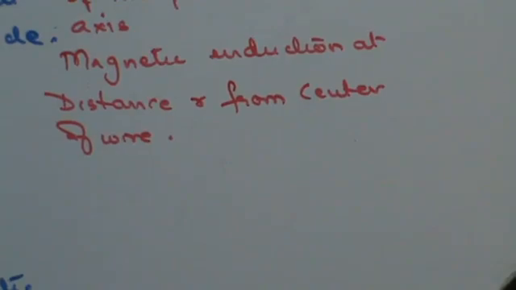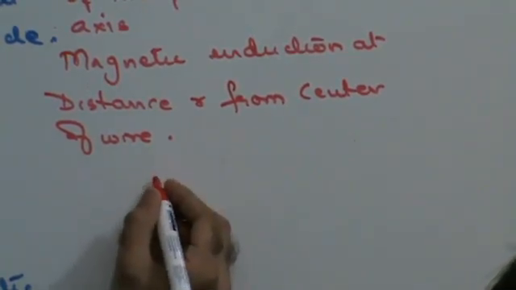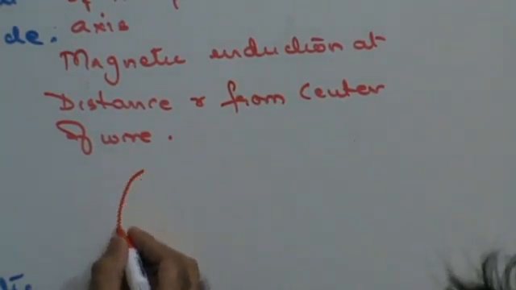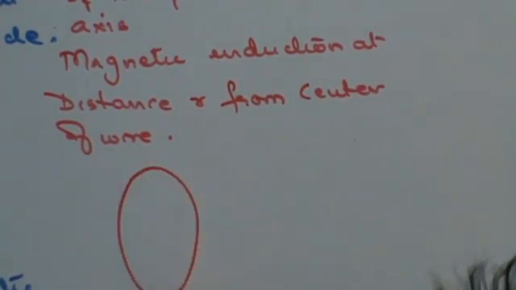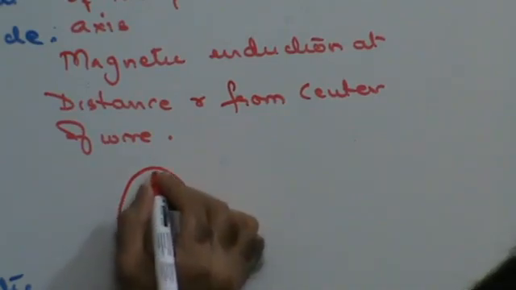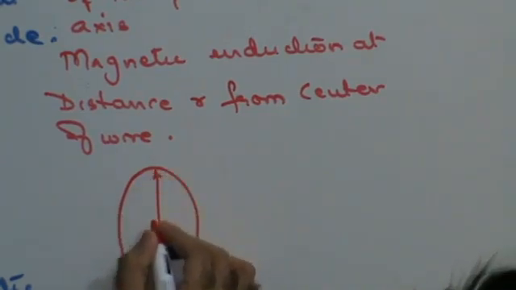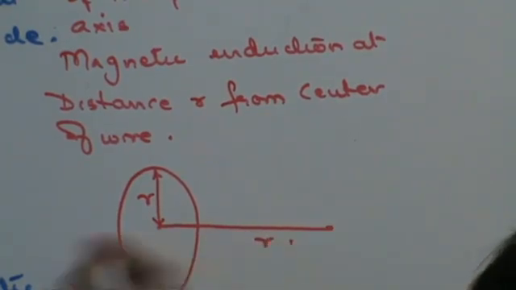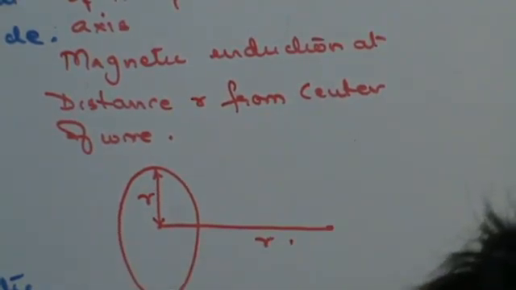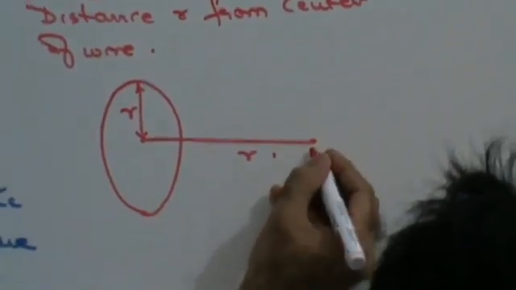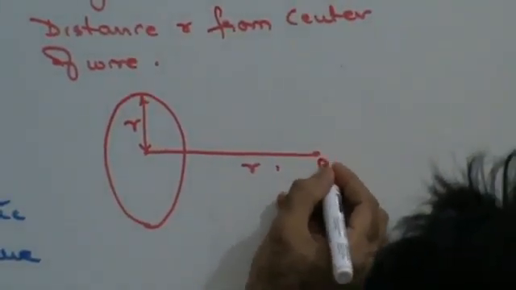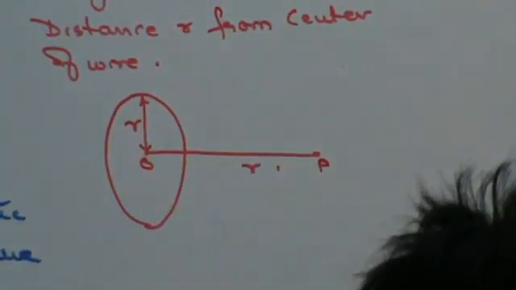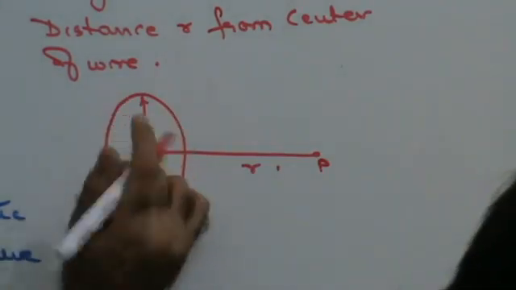So in that case, you have this is your conductor, this is your radius r, and this is the given point, say P, which is at a distance r from the center of the conductor.